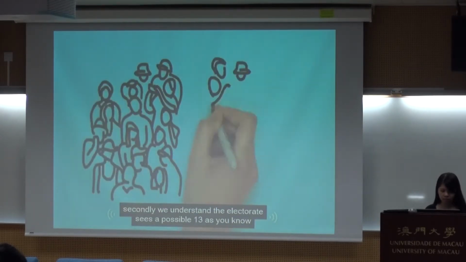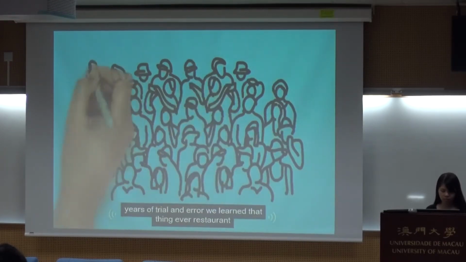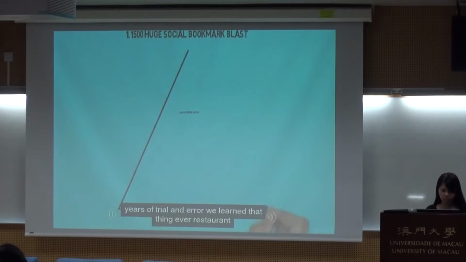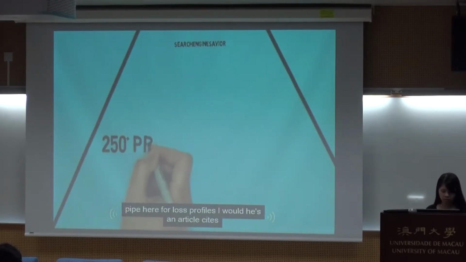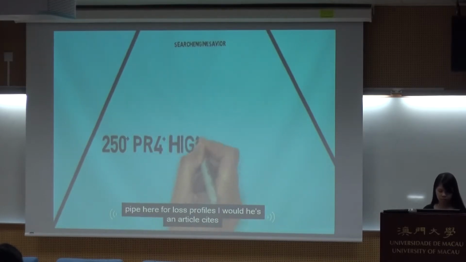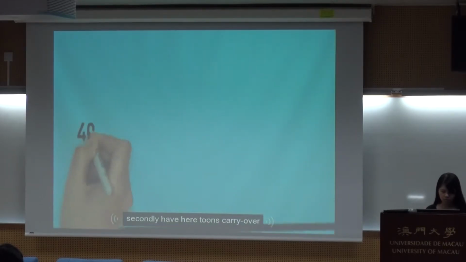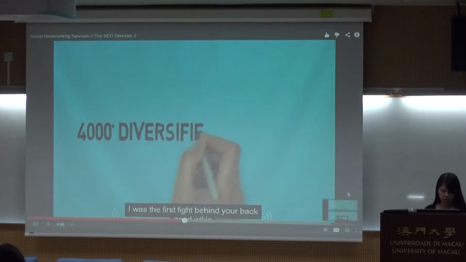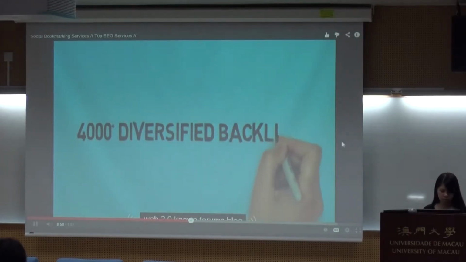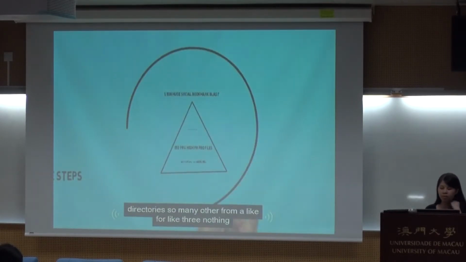Secondly, we understand that link diversity is a must for 2013 SEO. So when we're doing this, after years of trial and error, we've learned that link PR is not the best way to go. So what we do is we create over 250 high PR4 plus profiles on wikis and article sites that have unique content that we create. Secondly, in our tier 2, we create over 4,000 diversified high PR backlinks, which include wikis, Web 2.0s, forums, blog, directories, and so many other platforms.